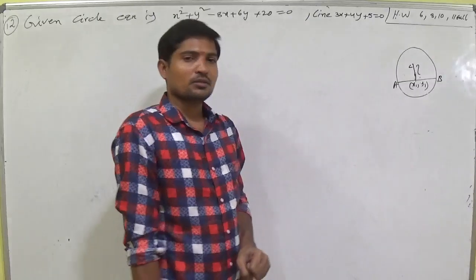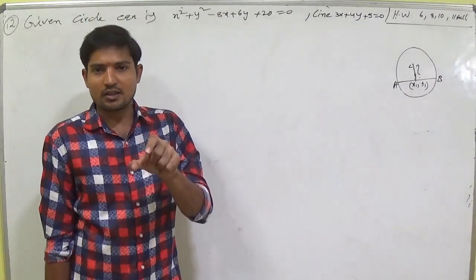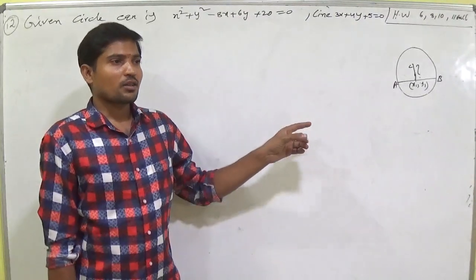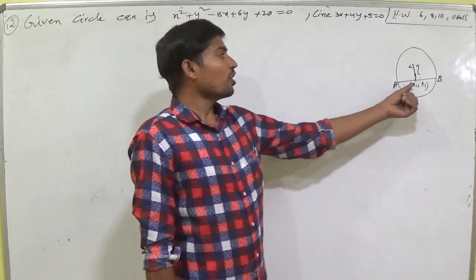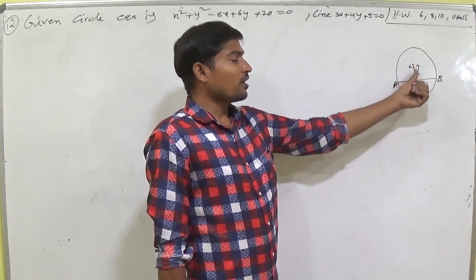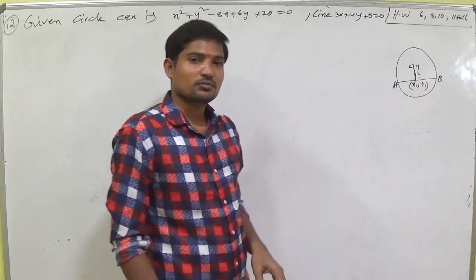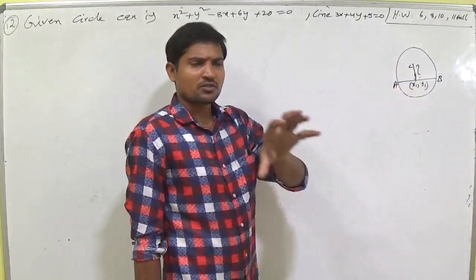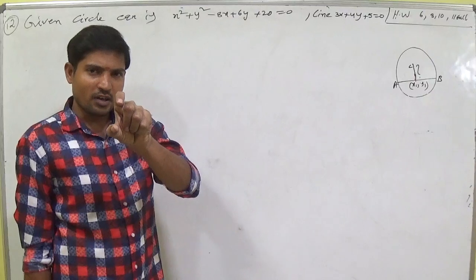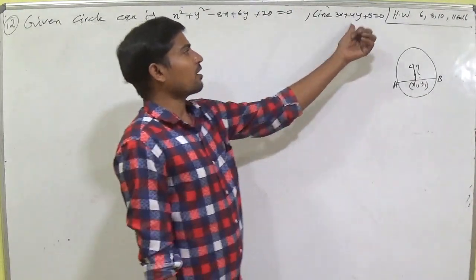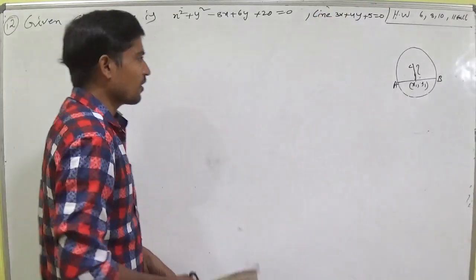But here a line is given, and you want the midpoint equation. That means whatever equation we find is perpendicular to the given line.